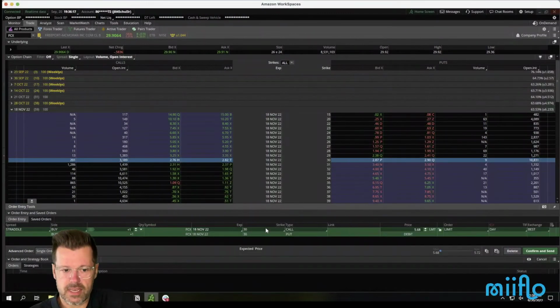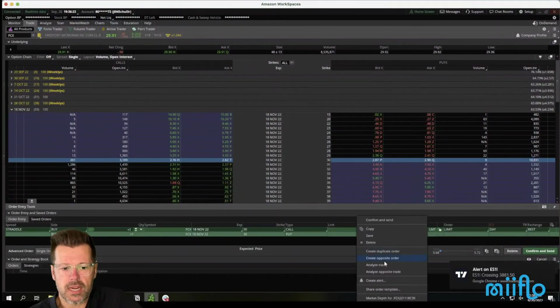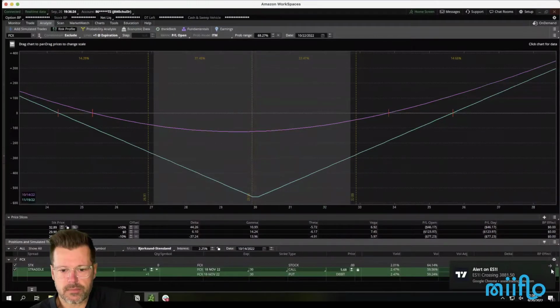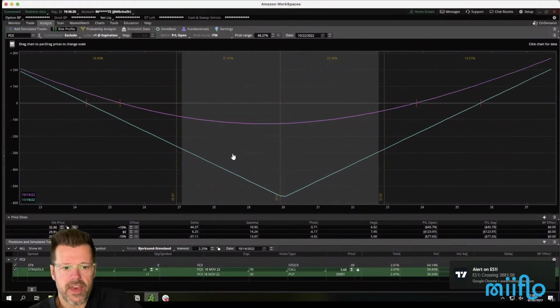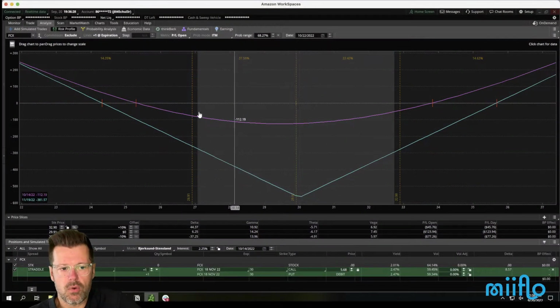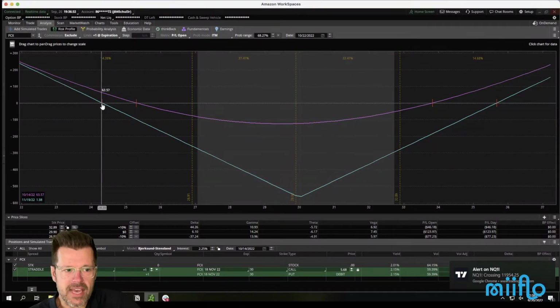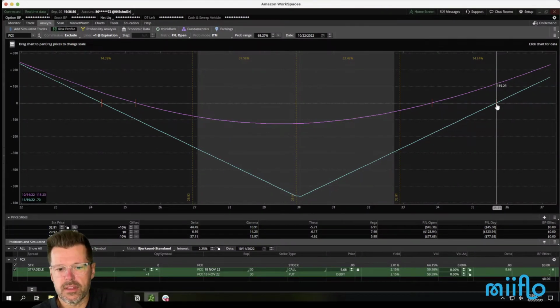So that's nice, but how do I monetize this trade? We go analyze this trade and take a look at it. We can see that this is the P&L. This is the curve today. If I'm past 24.31 and 35.69 at expiration, I'll make money.